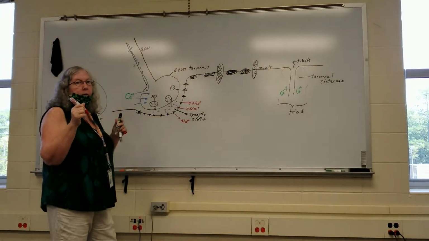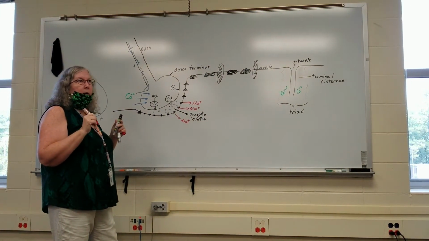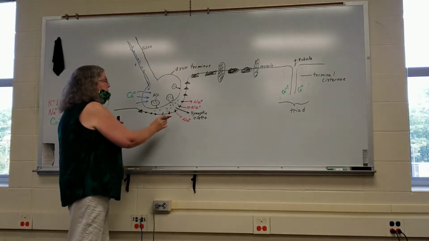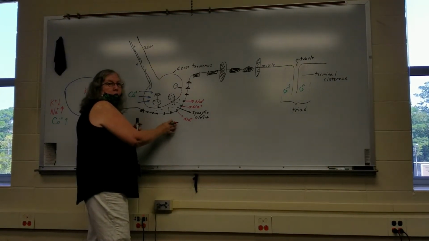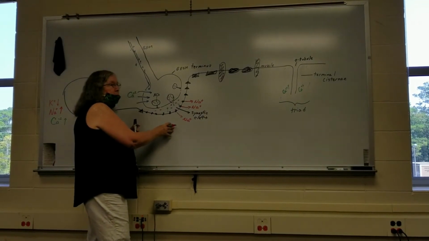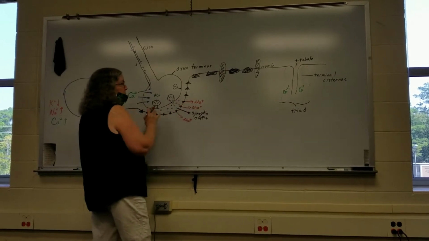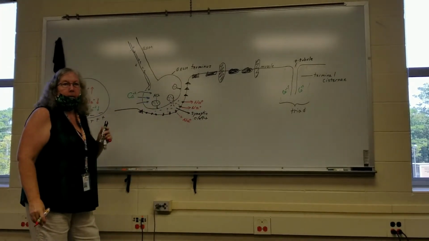Remember, a cell at rest is normally negative. So if you're normally negative and now you have all this positive charge coming in, you're going to start to change the charge inside this muscle, not initially through the whole cell, just in this region where the sodium is coming in.